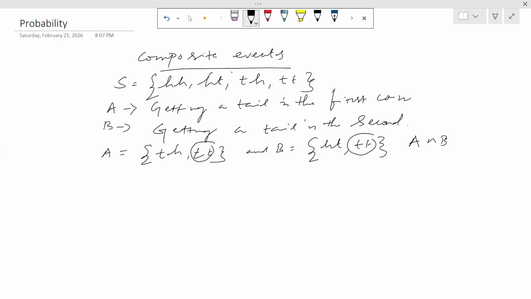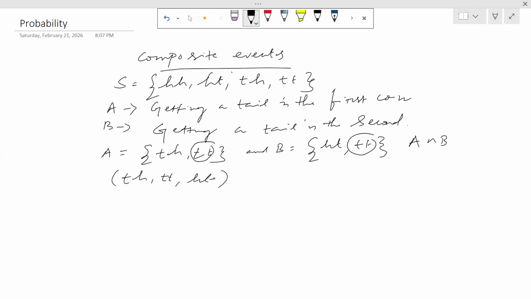So if A or B occurs, if a tail occurs in the first or in the second, then the event TH, TT, HT.